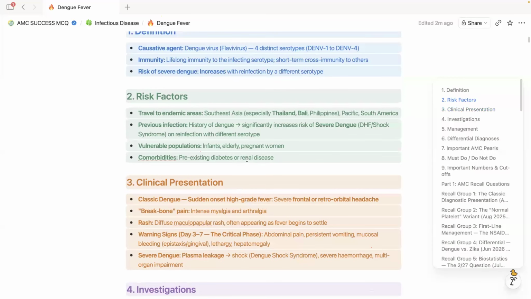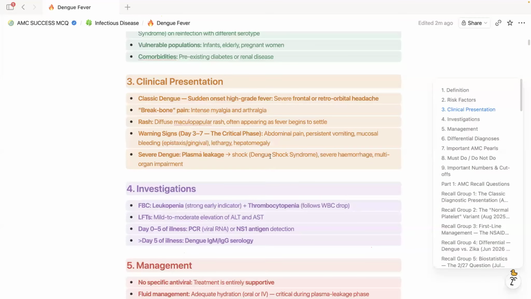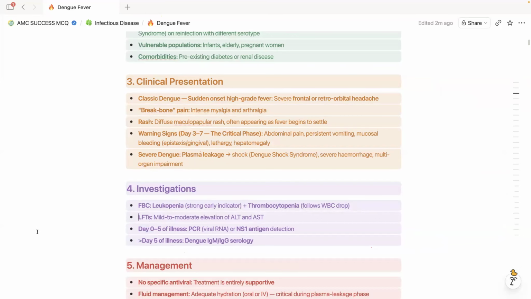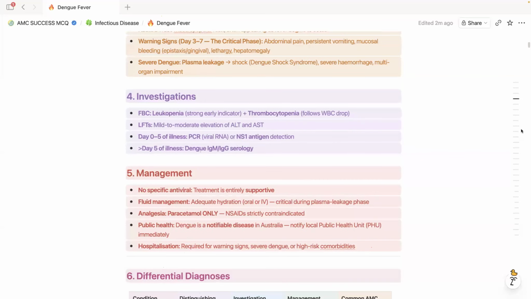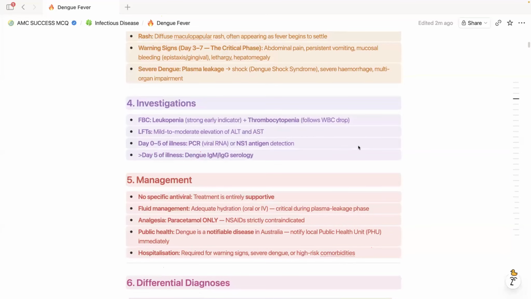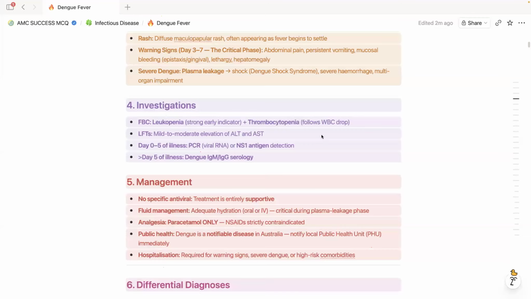And then there is another phase, day 0 to 5, and also from day 5 onwards. So roughly between 4 to 7 days is the incubation period.